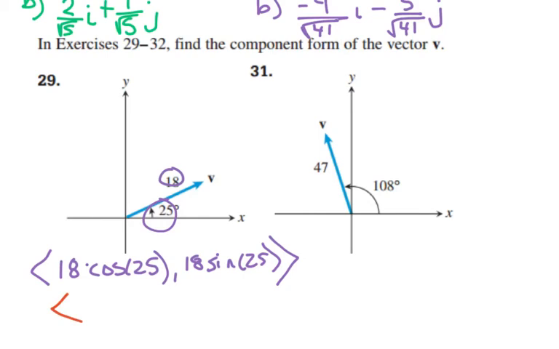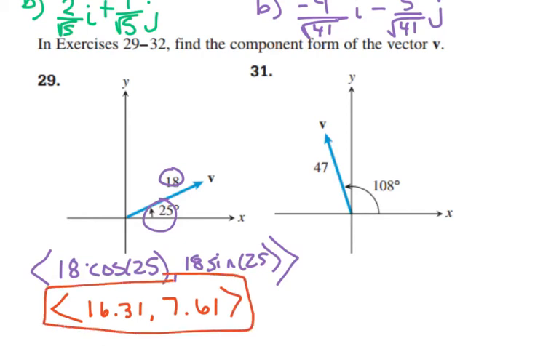So our component form becomes 18 times cosine of 25, so 16.31. And then 18 times sine of 25 in degree mode is 17.61. Alright, and the same goes for the other one, so it's going to be 47 for the magnitude times cosine of 108, and then 47 times sine of 108.